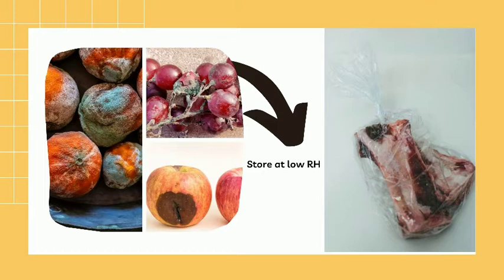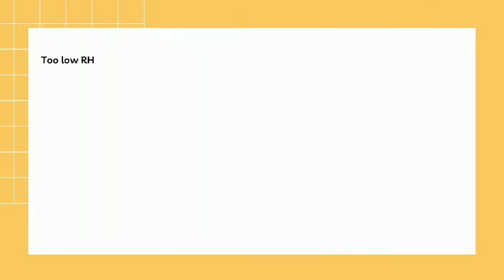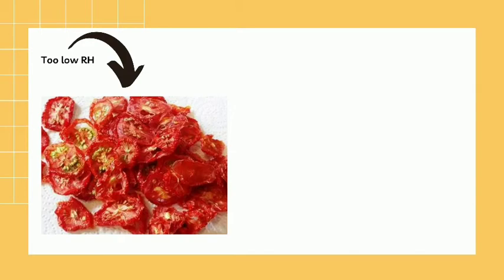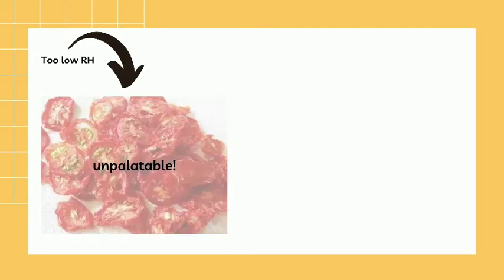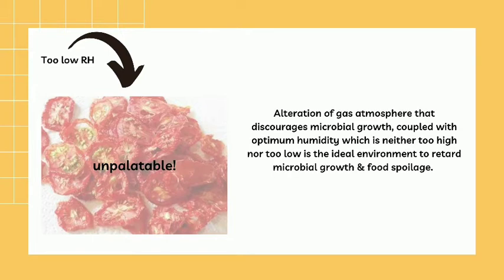At the same time, lowering relative humidity too low may also dry the food up at times, rendering it unpalatable. Alteration of gas atmosphere that discourages microbial growth coupled with optimum humidity, which is neither too high nor too low, is the ideal environment to retard microbial growth and hence food spoilage.